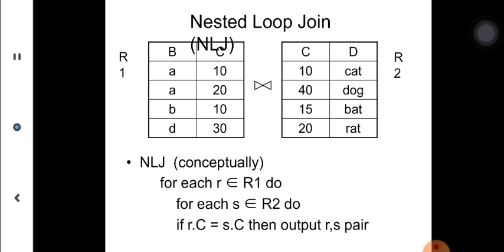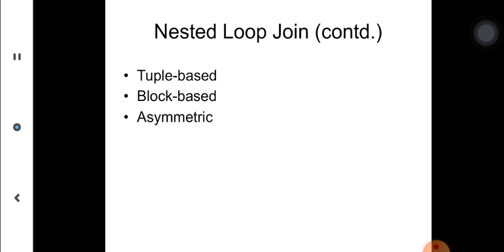For each tuple R in relation R1, you do for each tuple S in relation R2: if, because you are doing a natural join, the same field must be equal, so R.C equals S.C, then output the pair R, S. All right. So we can have two types of operations: we can do it by tuple, we can do it by block, or we can do it asymmetrically.